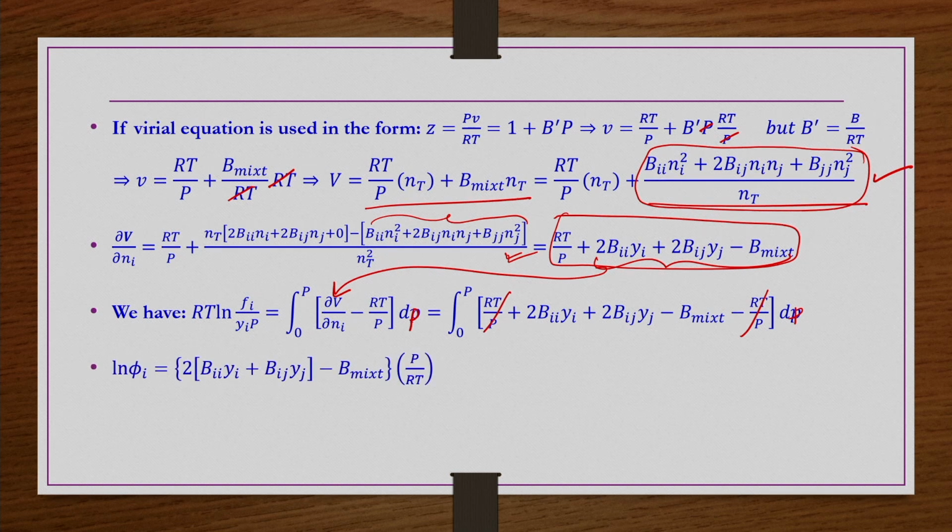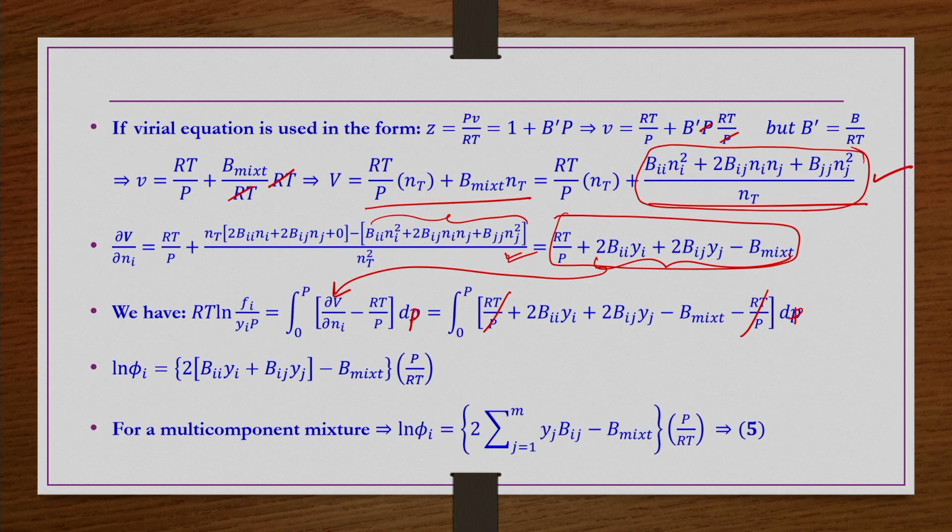Then we have ln phi i equals 2 times Bii Yi plus Bij Yj minus B mixture, times P by RT. This is what we are getting. Okay. So, for a binary mixture this is what we have, I and J components, that is what we have taken.